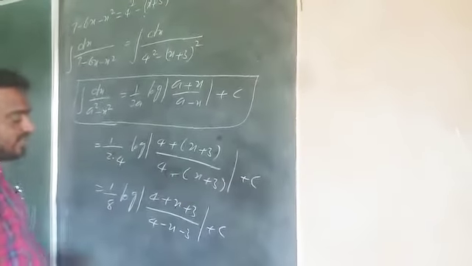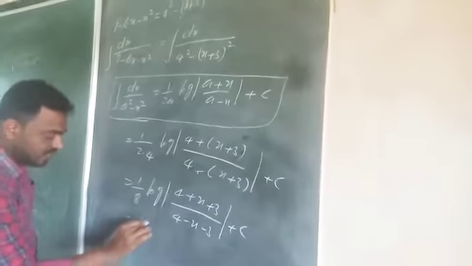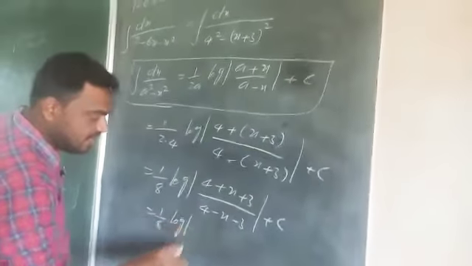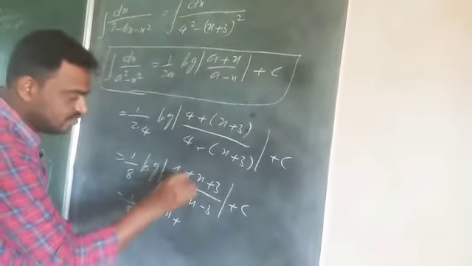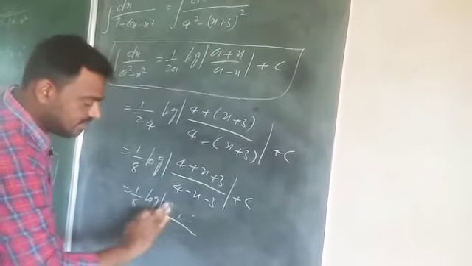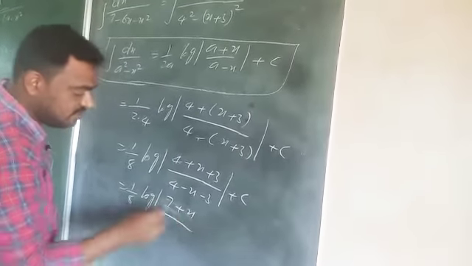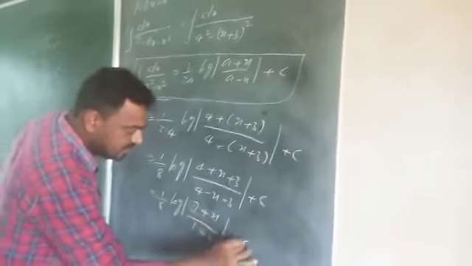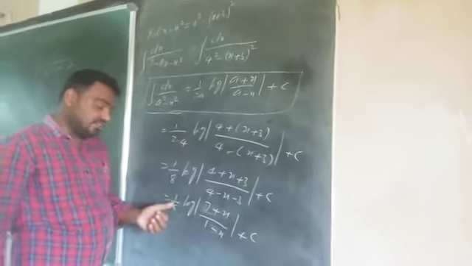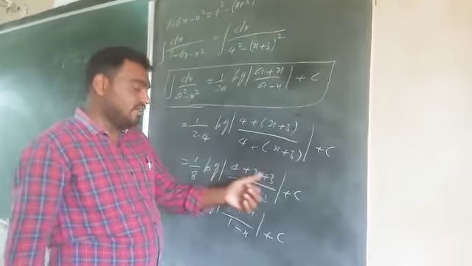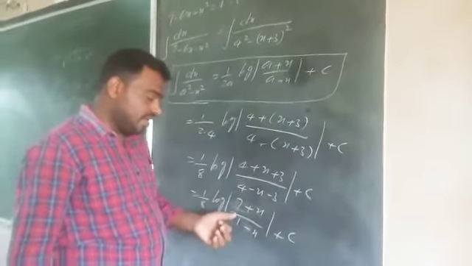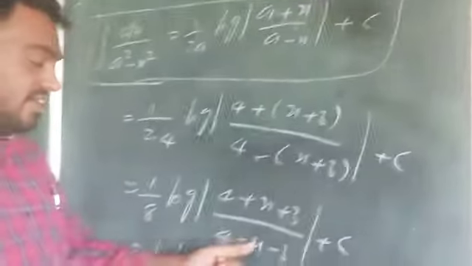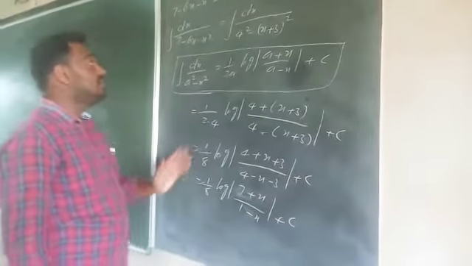Multiplying with minus in the denominator, 1 by 8 log mod of 7 plus x by 4 minus 3, 1 minus x, plus c. This is 1 by 8 into log mod of 7 plus x by 1 minus x plus c, the answer.